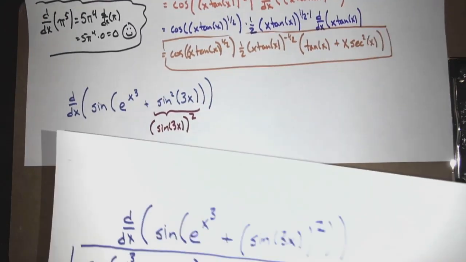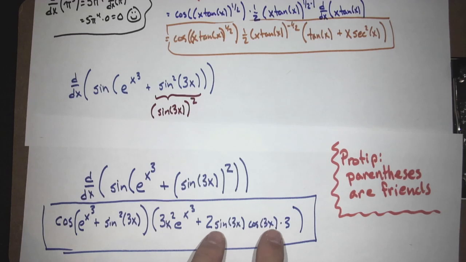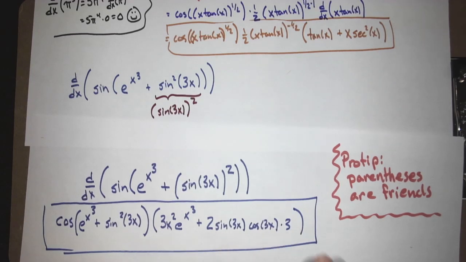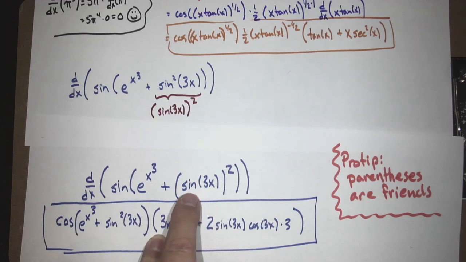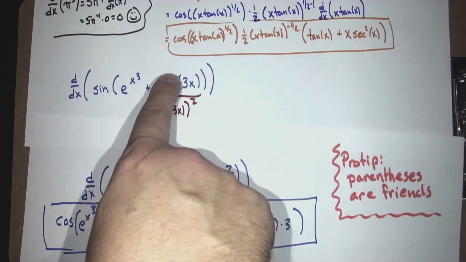So we agreed up until having to deal with this part. You do indeed get the cosine. The derivative of sine is cosine. Leave the inside alone. You did great with the 3x squared e to the x cubed. Now here, you have to be careful, because the derivative of sine squared isn't just cosine squared.